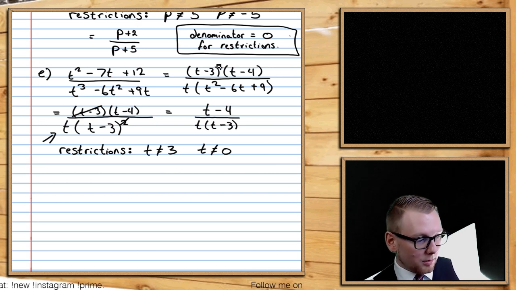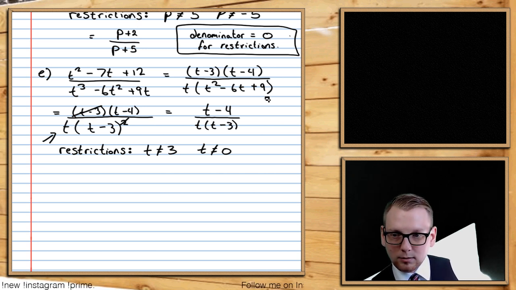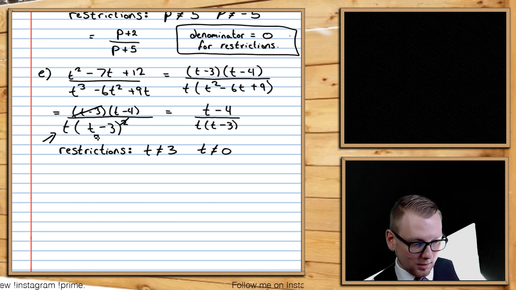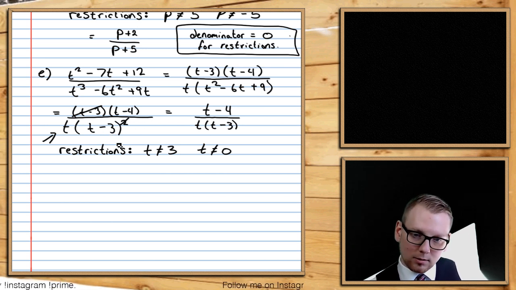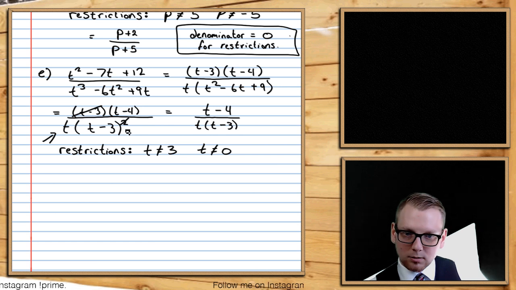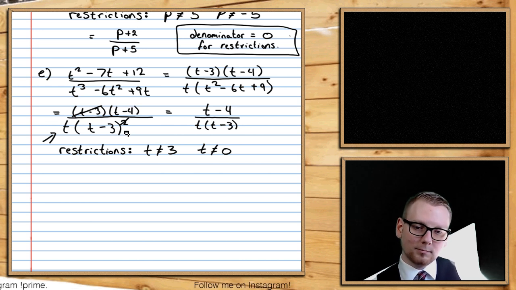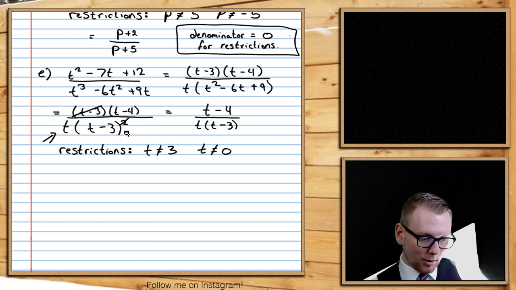Then we factored the t squared minus 6t plus 9, which gave us t minus 3 times t minus 3, which is just t minus 3 squared. Are we good here? Perfect. Now, we crossed out one of the t minus 3's on the top and one of them on the bottom.